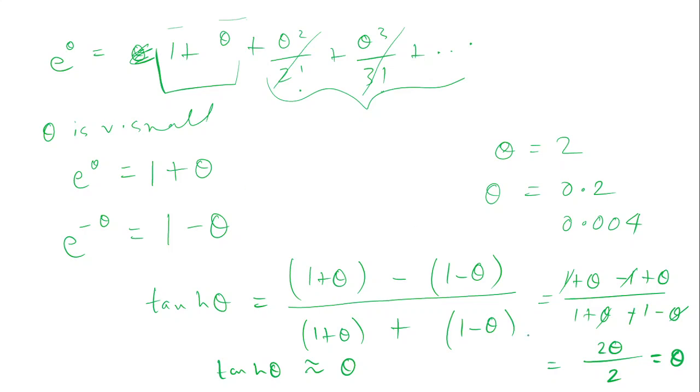All this I did just to tell you that sometimes we directly take the assumption that if theta is very small, then tanh theta is equal to theta. How that comes is what I showed you here. I hope this is clear.